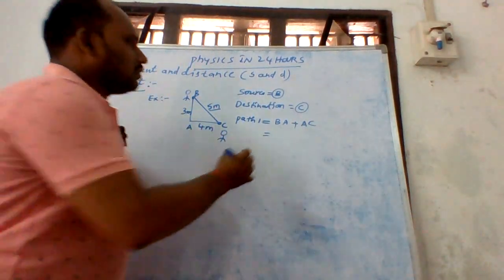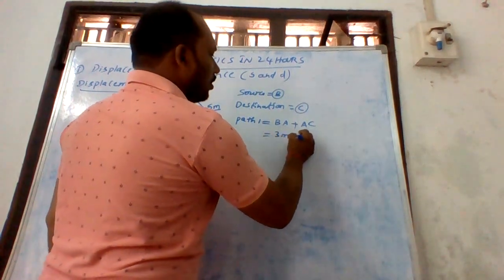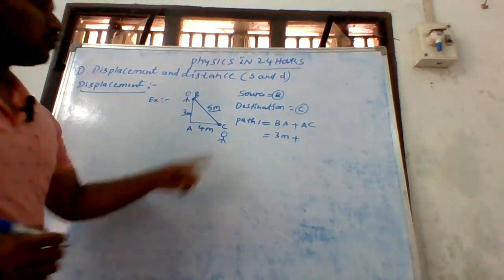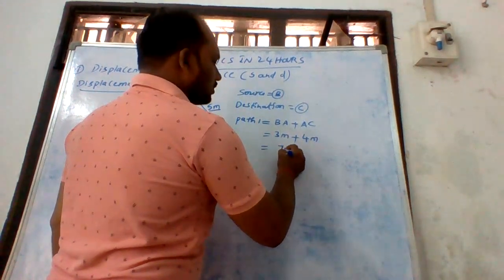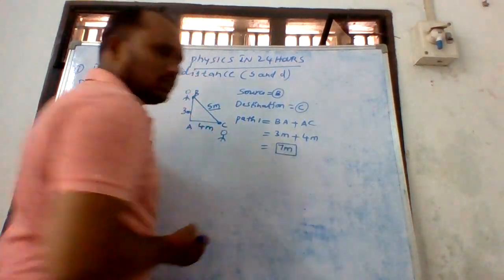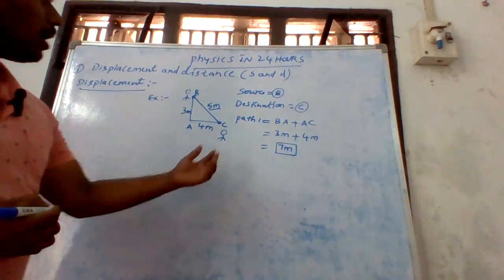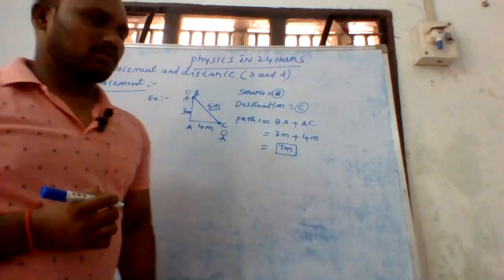This is 3 meters, this is 4 meters, total 7 meters. So I traveled a distance of 7 meters. I am covering a path of 7 meters.